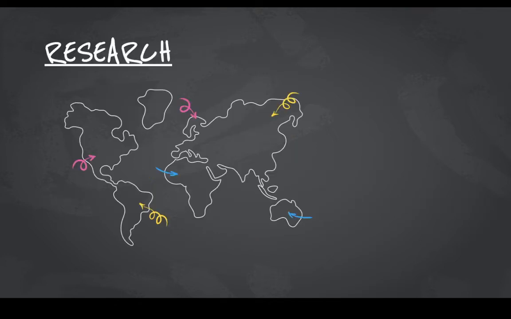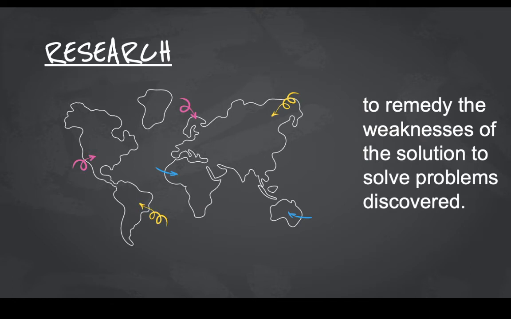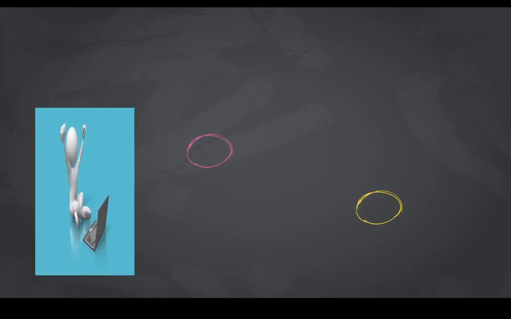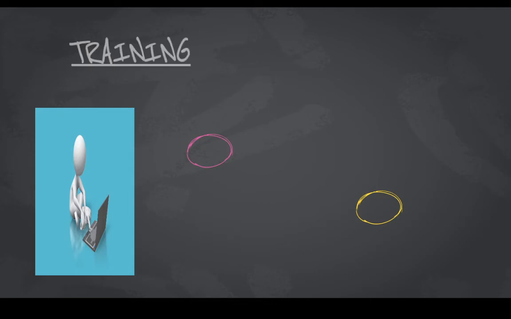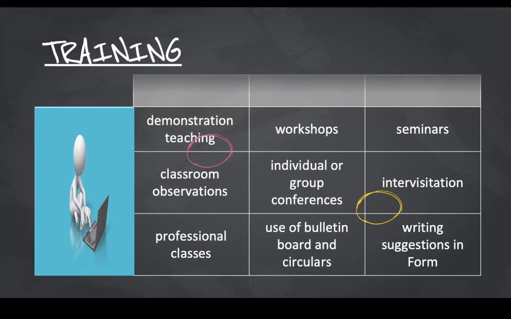Research will be conducted as well, which will be the remedy for the weaknesses, the solution to solve the discovered problem, and this will be passed on to teachers later on. For training, these are the trainings that should be conducted like demo teaching, workshops, seminars, classroom observation, individual or group conferences, intervisitation, professional classes, bulletin board usage, and writing in a suggestion form.